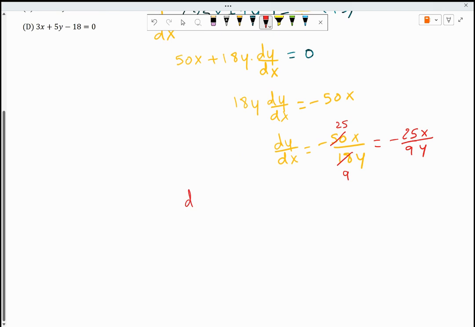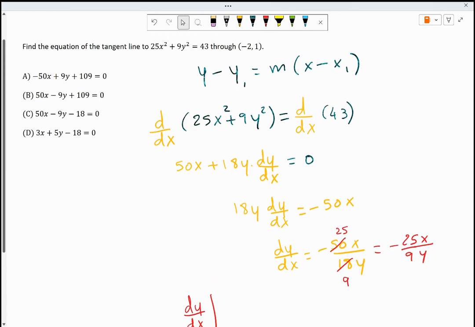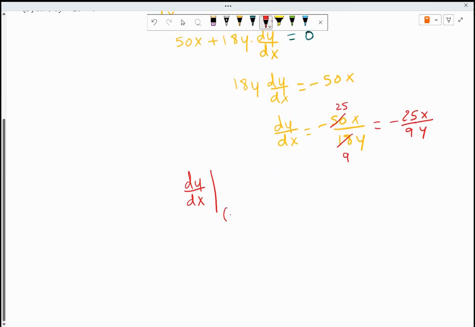All right, we wanted to find the slope of the tangent line at the point negative 2, 1. I'm going to just scroll up real quick just to make sure I have the right point. So at negative 2, positive 1, since this is the derivative of the line that is tangent to that curve, I have to substitute x equal negative 2 and y equal 1 into negative 25x over 9y.